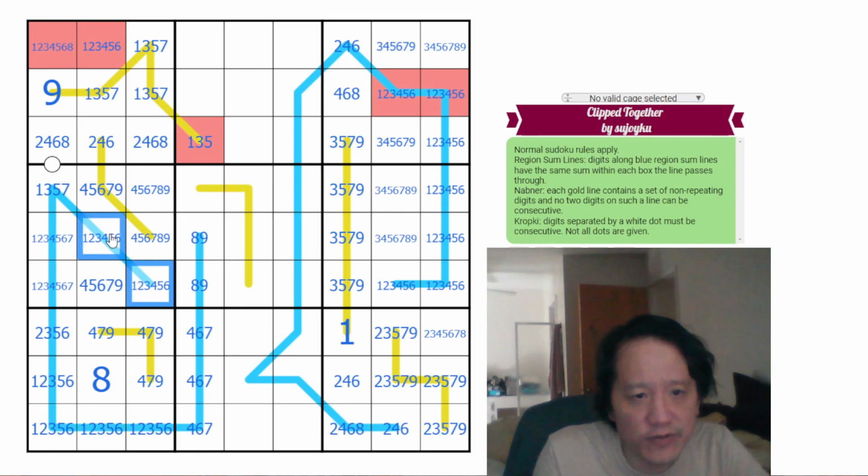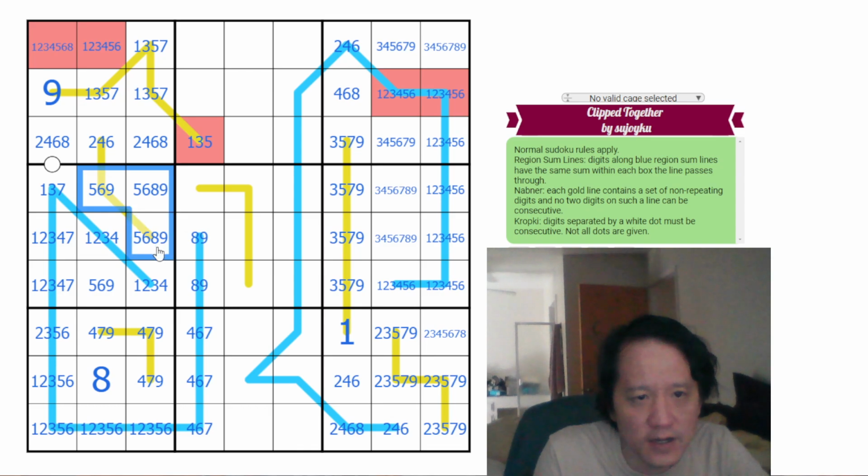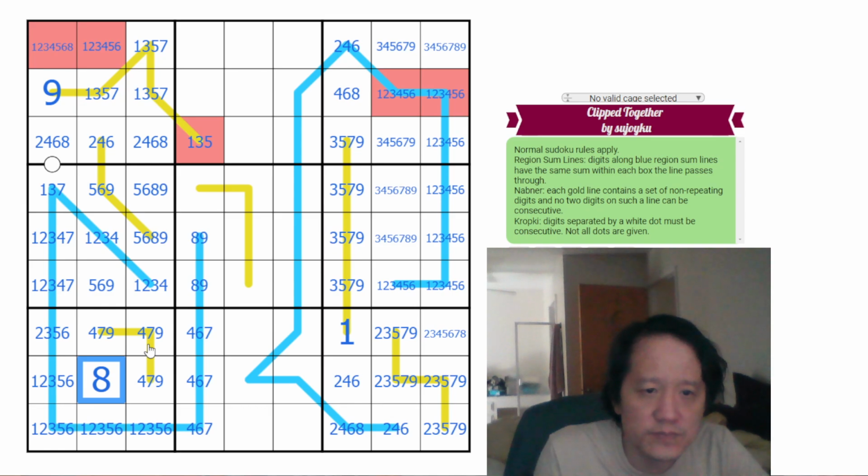So this cannot be 4 either, right? Wait, no. This can't be 5 or 6. That can't be 5. So this cannot be 4 or 7 here. This becomes a 5, 6, 8, 9. This is 4, 7, 8, 9.